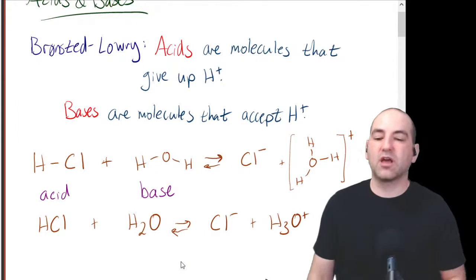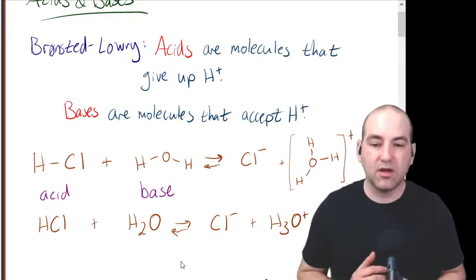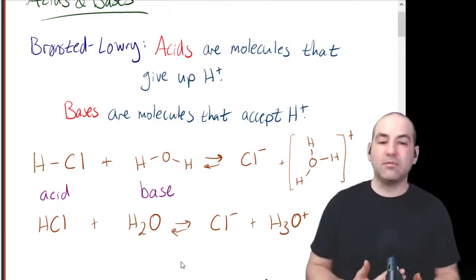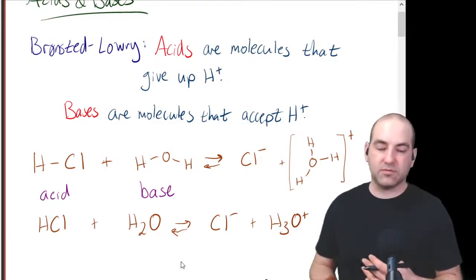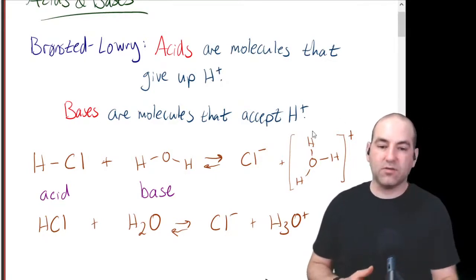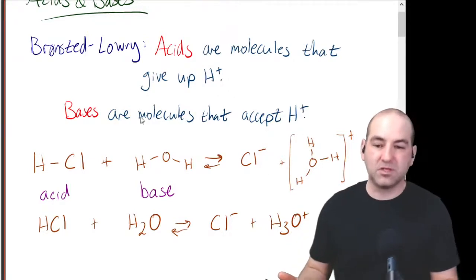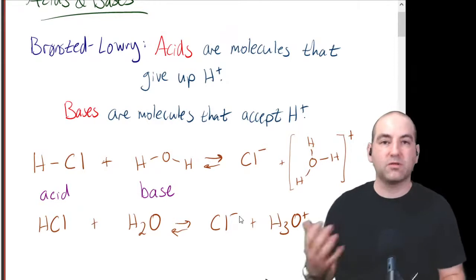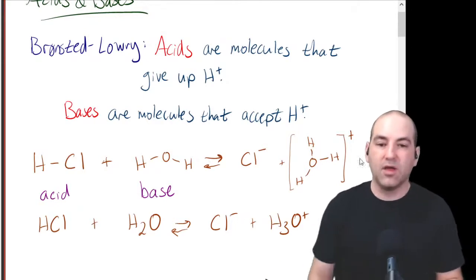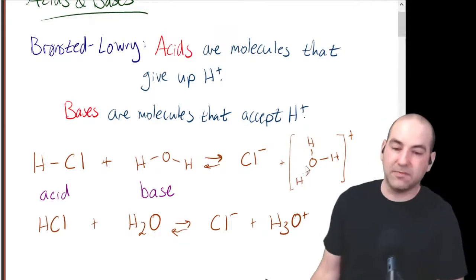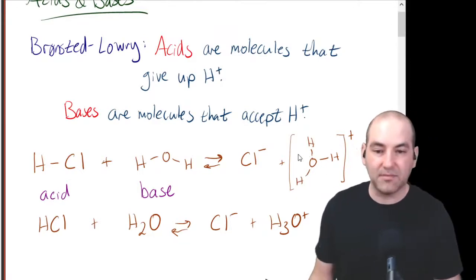So instead of just thinking about the left to right reaction, we might also want to think about the right to left reaction, and we can make the same labels. We can start on the right over here and ask, which molecule is giving up hydrogen, and which molecule is accepting the hydrogen ion? This way it's actually easier because only one molecule has any hydrogen, so that's got to be the one that's giving it up.